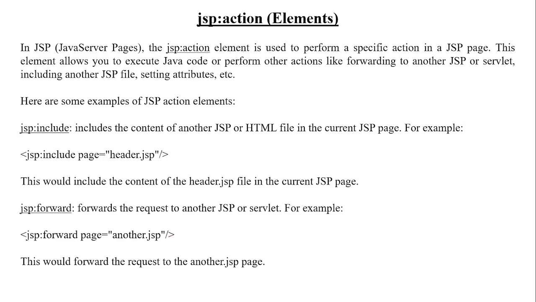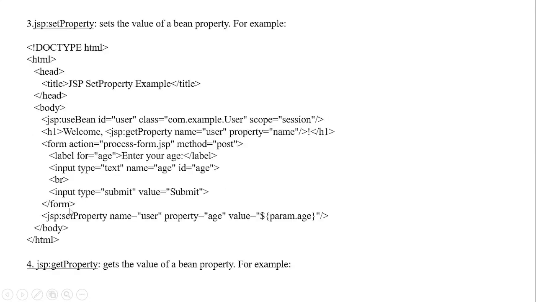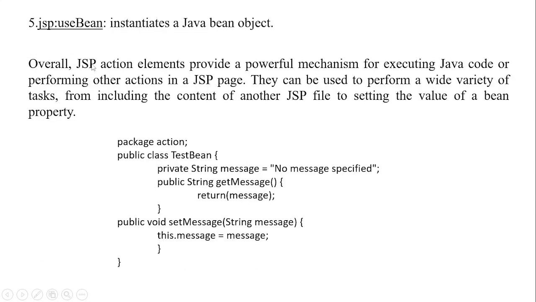And after that, we already discussed JSP include, JSP forward, JSP set and JSP get properties. We also saw use bean, instantiate a Java beans object, and we created a dot class file and used the Java use bean action elements, and we initiated a Java beans object.